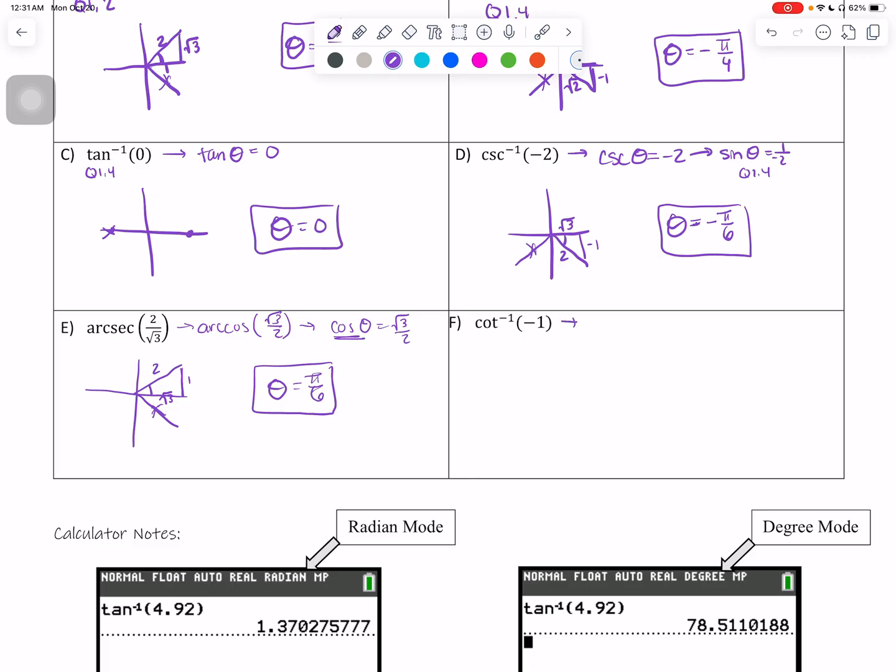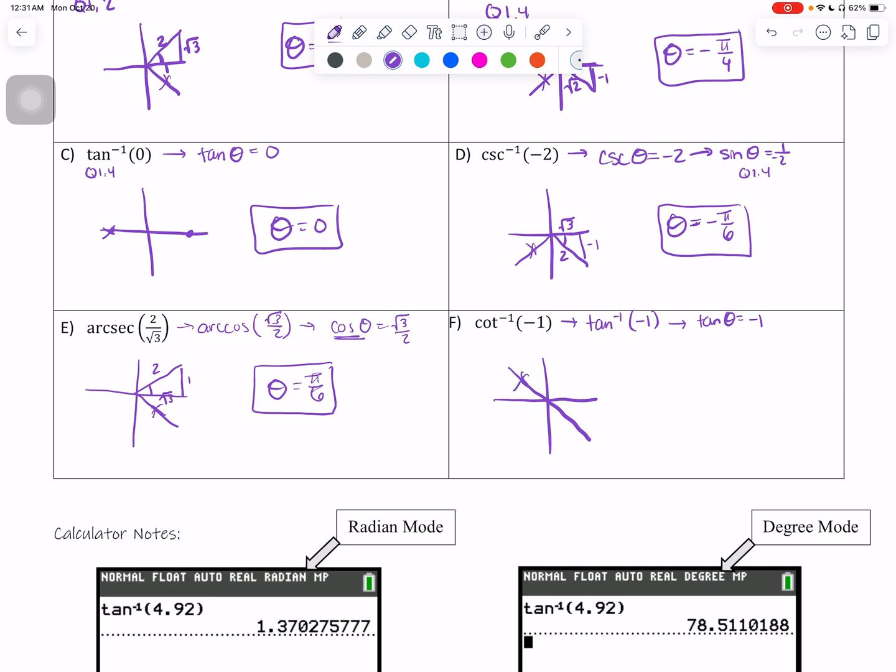Okay, so I could just change this to tangent here or tangent after rewriting. So let's see, tangent inverse, well, negative 1 reciprocal is negative 1. So we want to find tangent theta, we want that theta if it equals negative 1. Well, tangent is negative in quadrants 2 and 4.